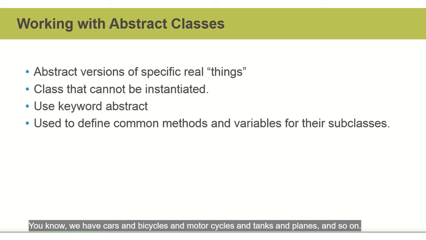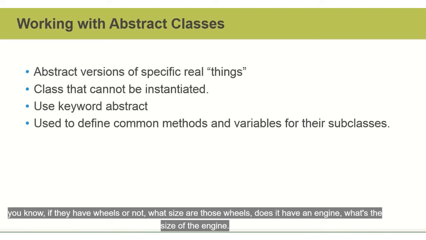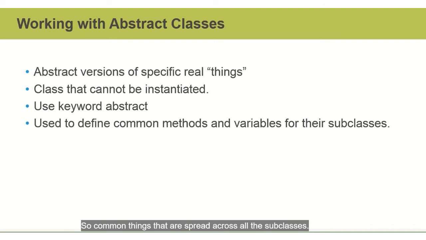We have cars and bicycles and motorcycles and tanks and planes and so on. But some of the things that they may have in common are, say, whether they have wheels or not, what size those wheels are, does it have an engine, what's the size of the engine. So common things that are spread across all the subclasses.